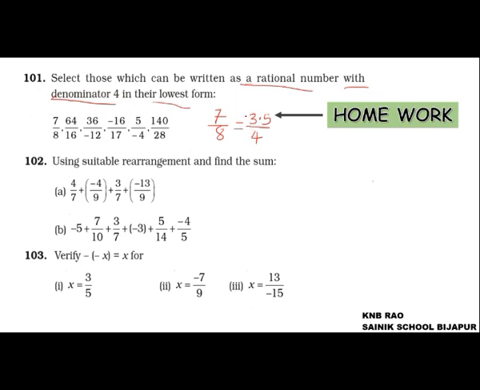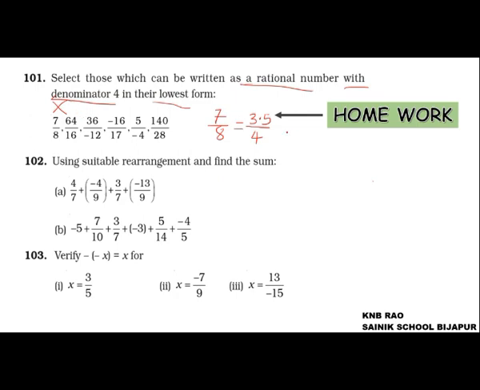Now, is this 3.5 by 4 in the form of p by q, stating that p and q are integers, to call it a rational number? Does 3.5 by 4 satisfy the definition of a rational number? No. Therefore, 7 by 8 cannot be brought into the form of 3.5 by 4 to call it least form or lowest form. So, this is not selected.